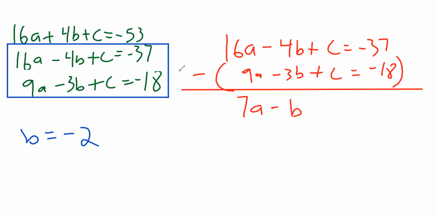And then we have c minus c, which means c goes away entirely, which is exactly what I wanted. Then I'm going to have negative 37 minus negative 18. That becomes negative 37 plus 18, which won't quite make it positive. It'll still be negative, but then you can think of it as 37 minus 18, which will be 19. So you have negative 19.